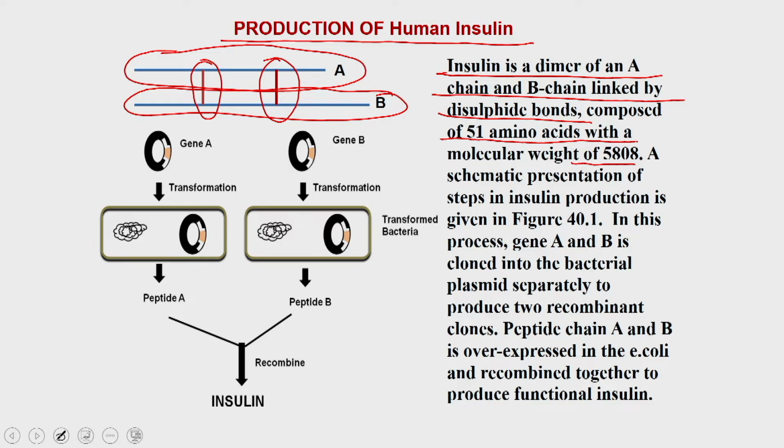So, if you want to produce human insulin, you first have to clone gene A, which corresponds to this peptide chain.